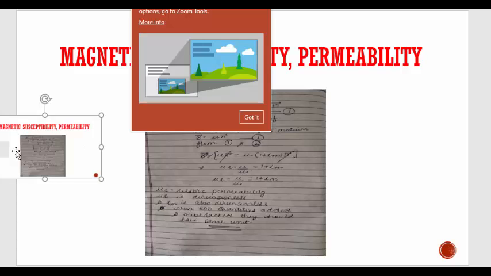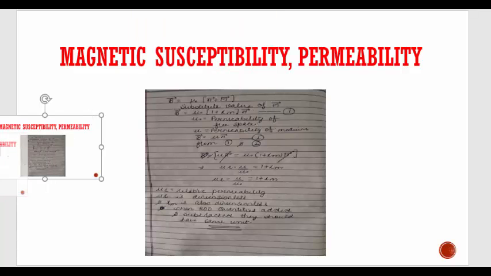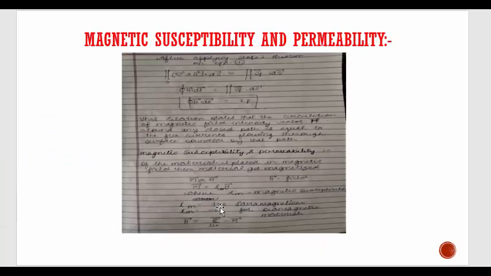So we get B vector is equal to mu naught (H vector plus M vector). Now substitute the value of M here, and the value of M is psi m into H vector.